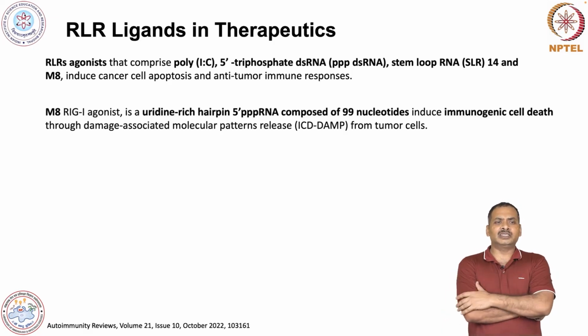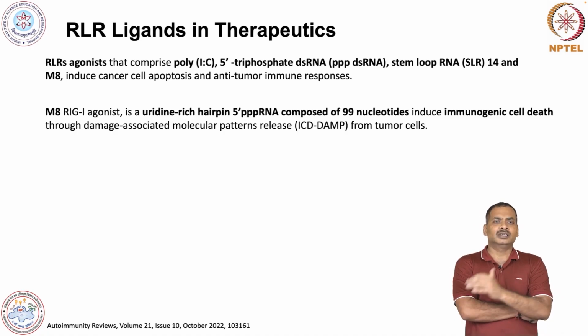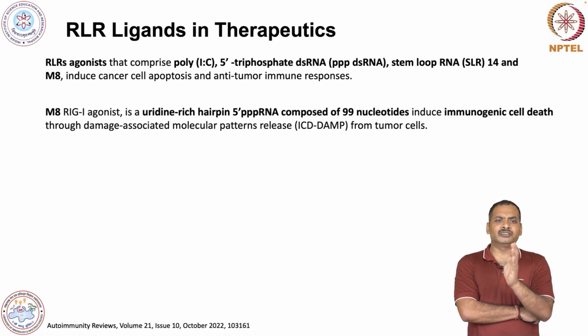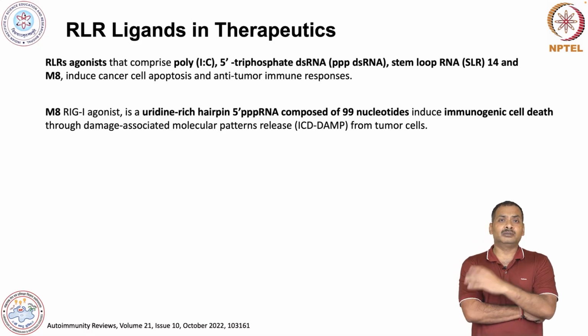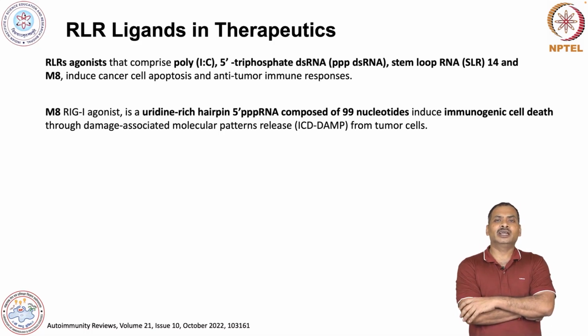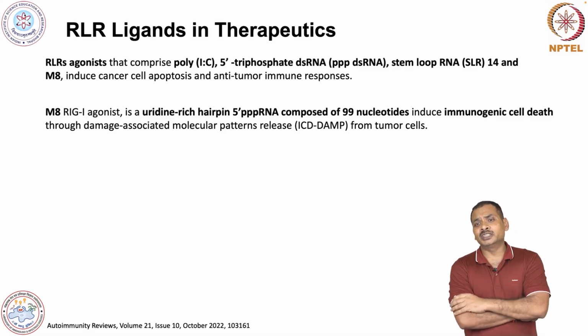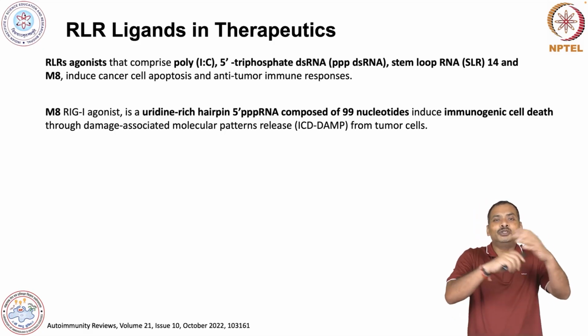So M8 is basically a RIG-I agonist. It is a uridine rich hairpin 5' triphosphate RNA, composed of 99 nucleotides, and it induces immunogenic cell death.